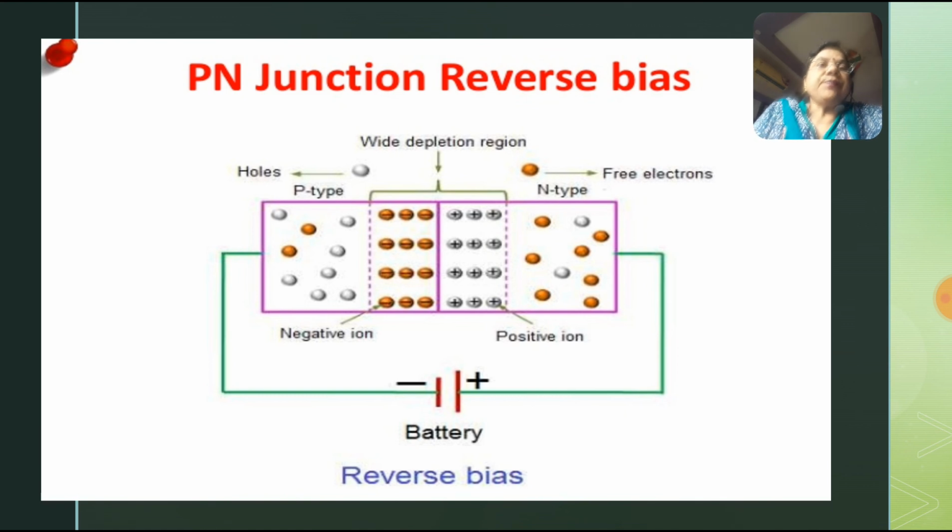Here also you see holes are attracted towards the battery terminals and electrons are attracted towards the positive terminal of the battery, and therefore a wide depletion region is formed. So the width of the depletion region in the reverse bias condition is more as compared to the forward biasing condition.